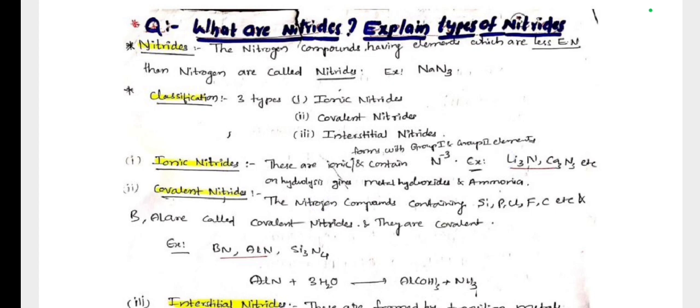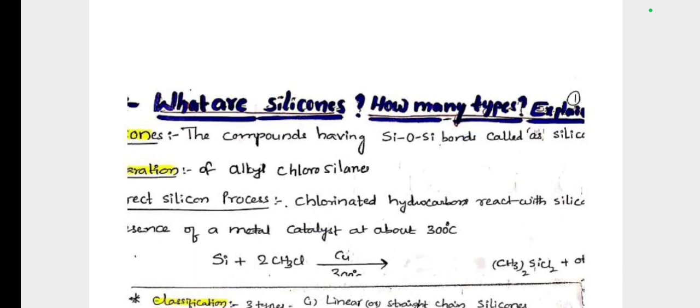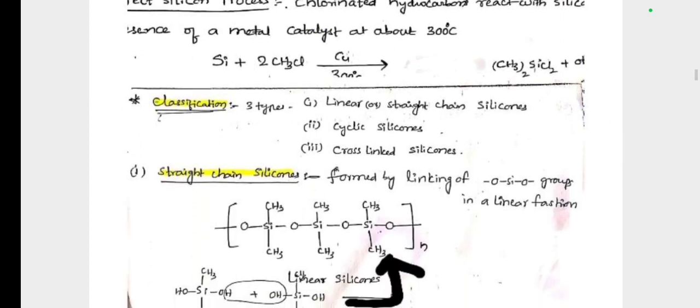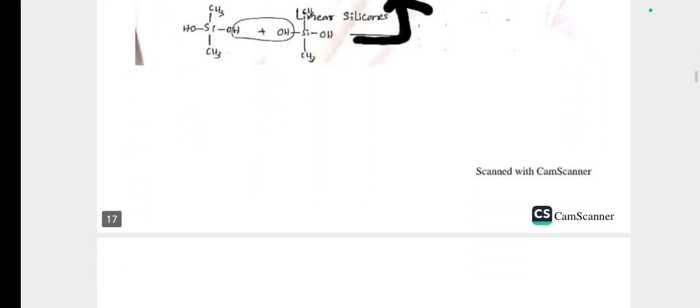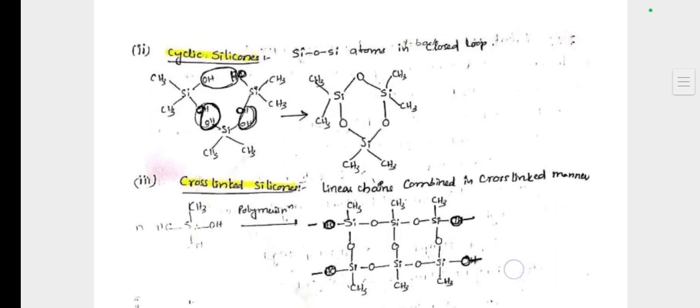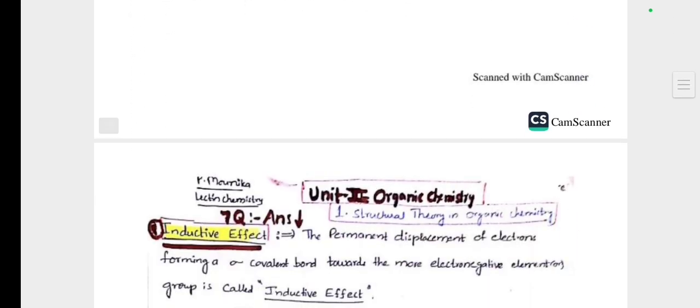Same for nitrides and carbides, both are the same. Classification, remember classification and examples. That is enough. Next, silicones. Silicones also same: definition, classification and structure. Easy only. Applications also important. Okay, that is complete about inorganic chemistry.